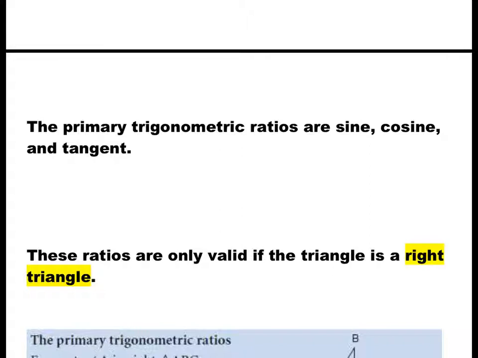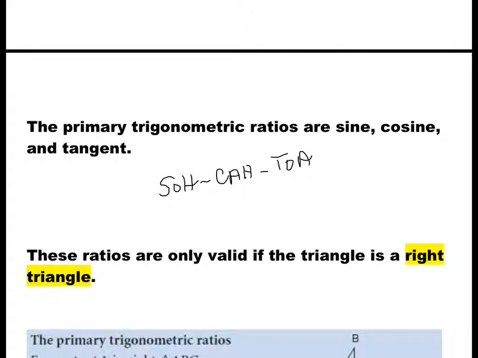So the primary trig ratios are sine, cosine, and tan. Okay? If you guys remember from grade 10, the acronym was SOHCAHTOA. This was the one which was helping you to memorize all these three ratios.